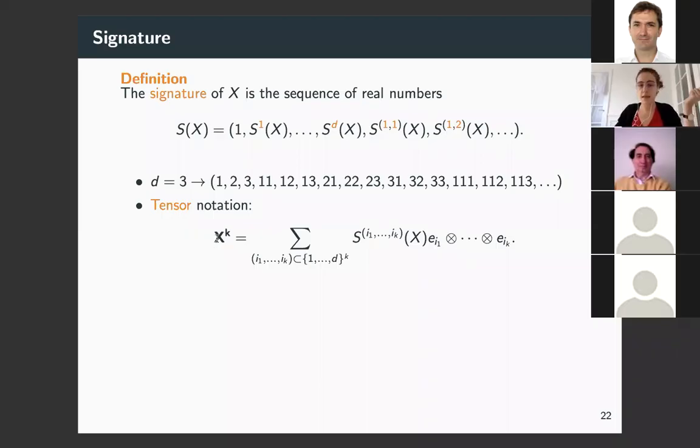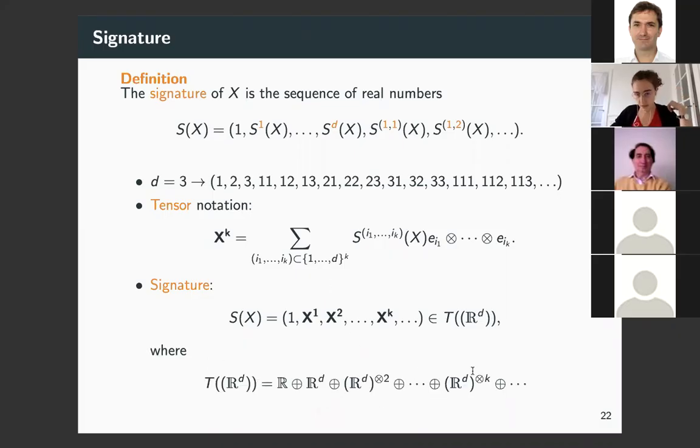And then the signature is this infinite vector with tensors of increasing order, and it lives in the tensor algebra. So I have d coefficients of order 1, d squared of order 2, etc., d to the k. Each of these tensors is in the space (R^d) to the power k.